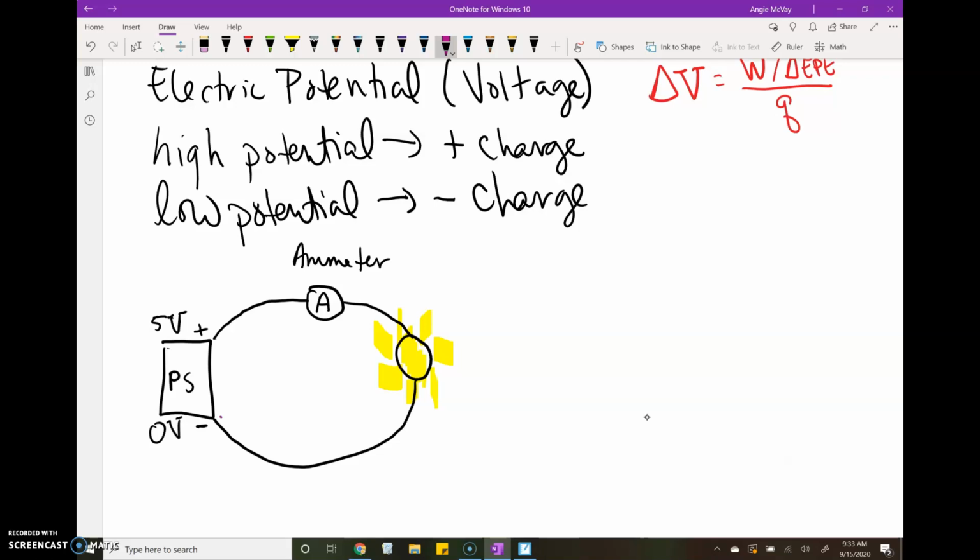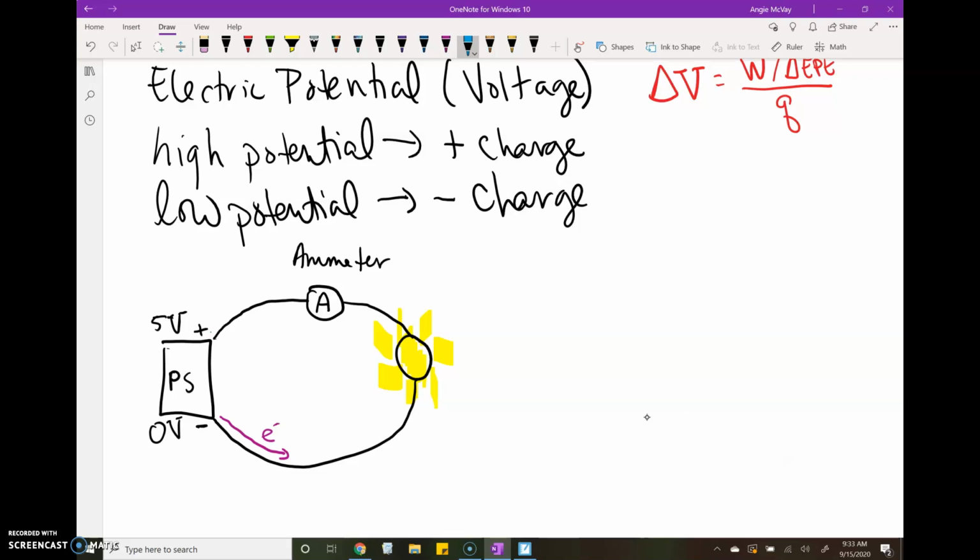They're negatively charged, right? So they would be repelled from the negative end of the power supply and attracted around to the positive charge on the other end of the power supply. So the electrons would be traveling counterclockwise.